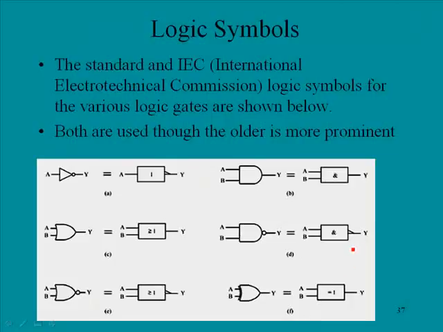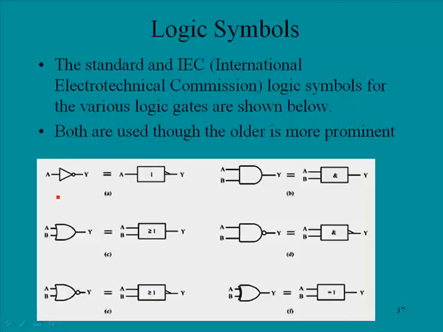Okay, logic symbols. The standard and the IEC logic symbols for the various logic gates are shown below. And the IEC is for the International Electrotechnical Commission. The first ones here to your left and then this group to your left are the standard symbols, and then the IEC are the newer symbols.